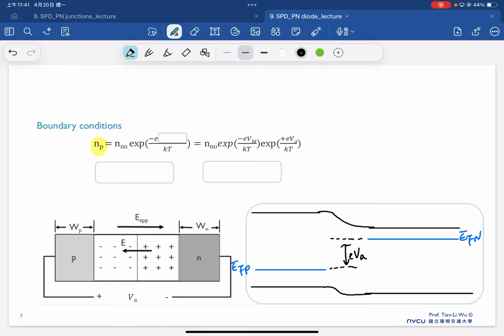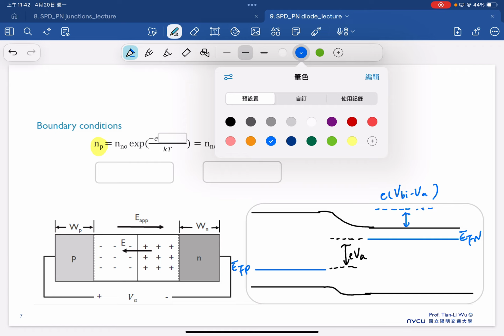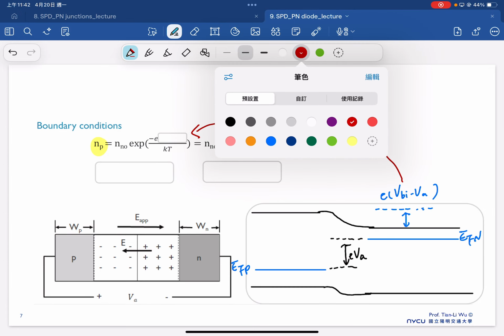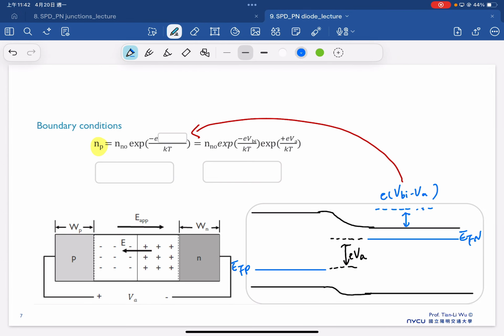So this one is EVBI minus EA, and we just put this back to here, where this is EVBI minus VA here.